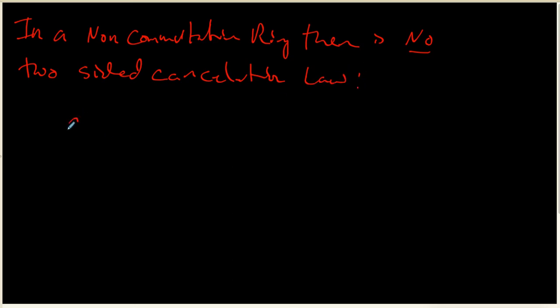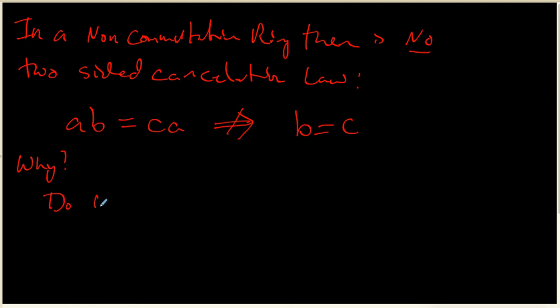In other words, if I have AB is equal to CA, I cannot conclude that B and C are the same thing. The reason why is that I do not know that CA is equal to AC.